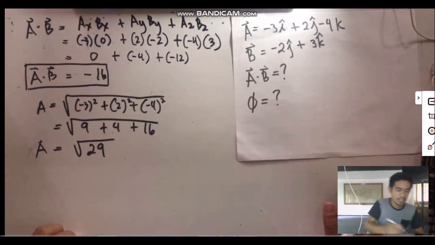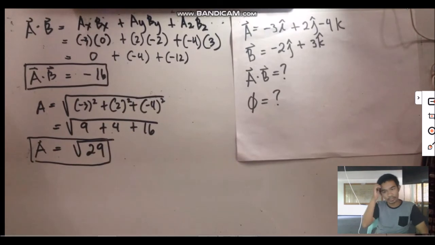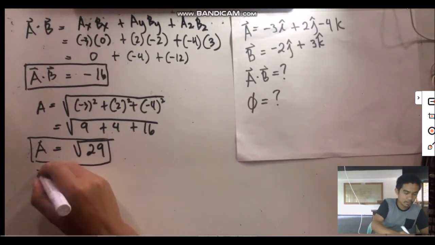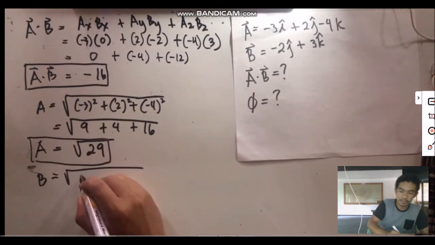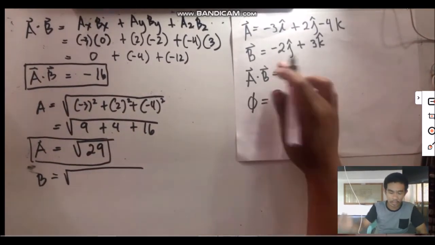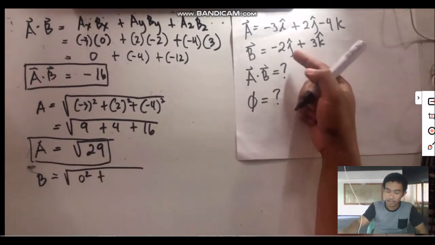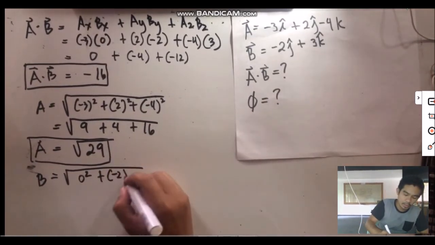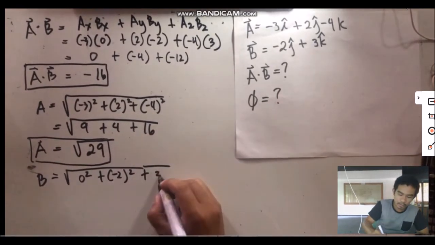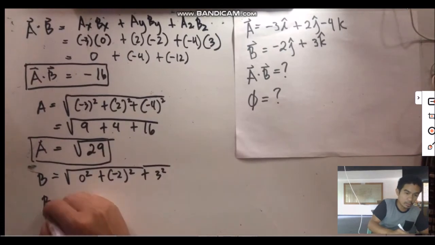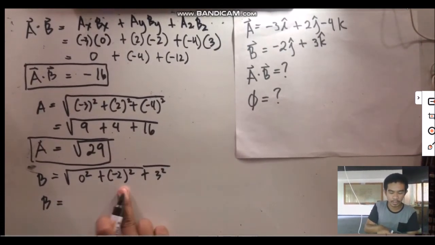Next is the magnitude of vector B. What's the magnitude of vector B? The magnitude of vector B is the square root of 0 squared, since it has no x component, plus negative 2 squared plus 3 squared. Then vector B has magnitude of square root of 4 plus 9.